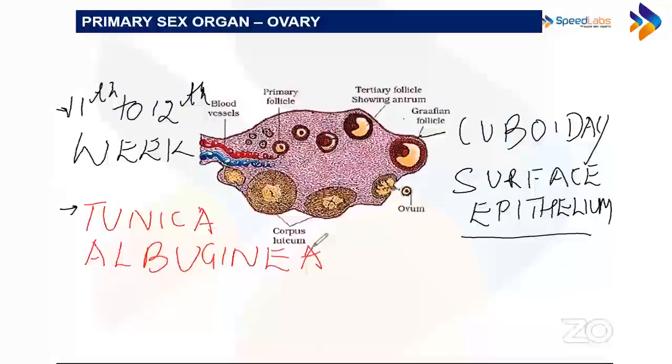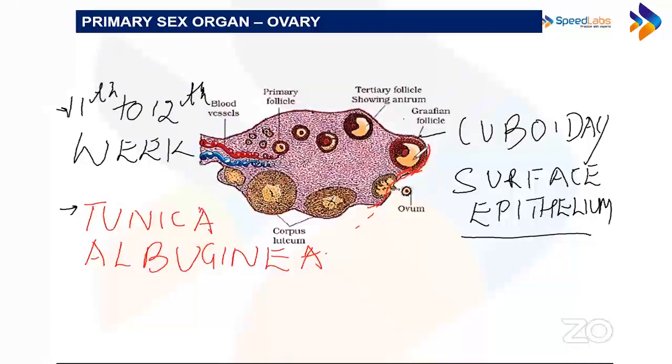Tunica albuginea is a whitish, irregular mass of connective tissue that is located deep to the germinal epithelium, surface epithelium. तो जैसे अगर ये surface epithelium है, बाहर का layer is surface epithelium, उसके अंदर वाला layer is tunica albuginea. ठीक है?